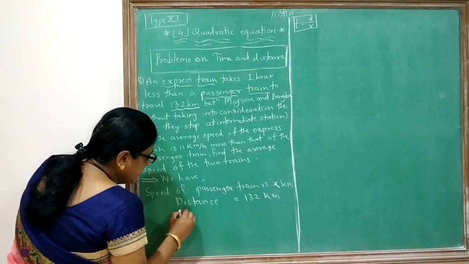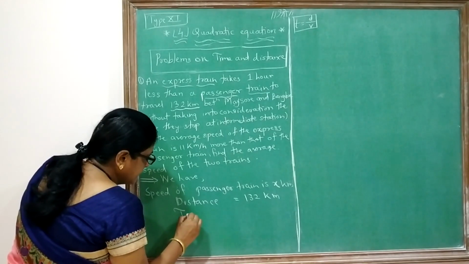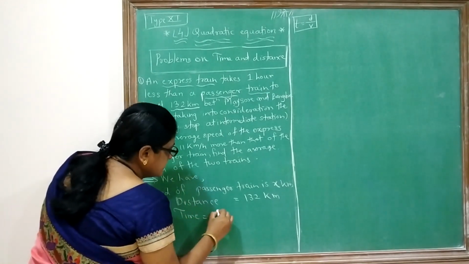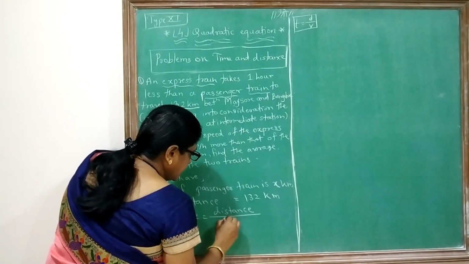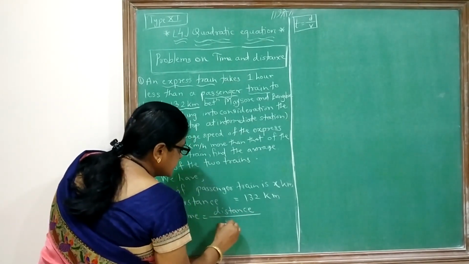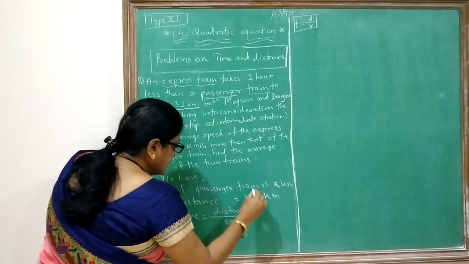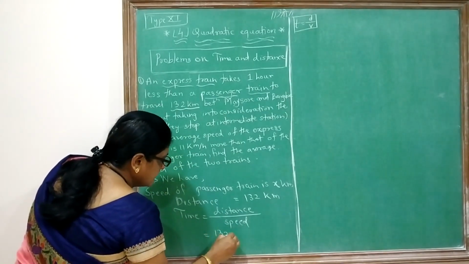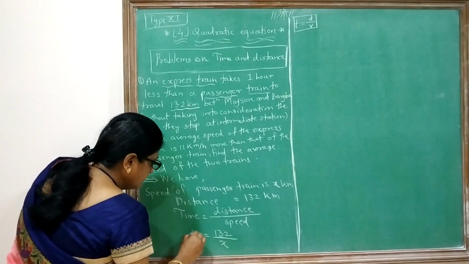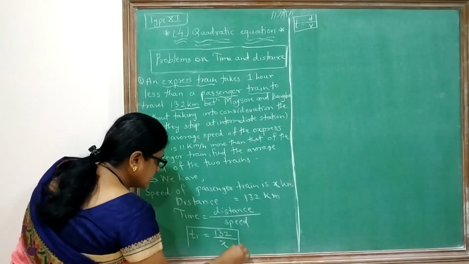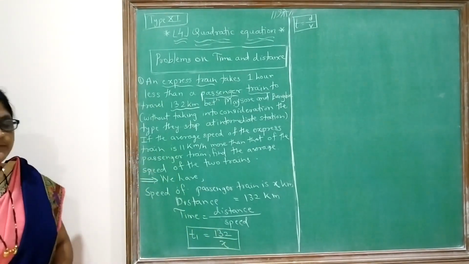Here time is not given, but your formula is time equal to distance upon speed. So the distance is 132 divided by the speed x, and you will suppose this time as t1.